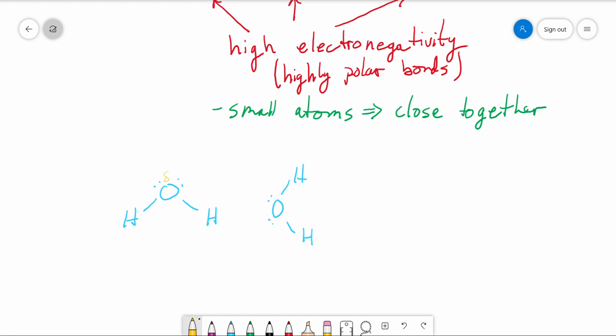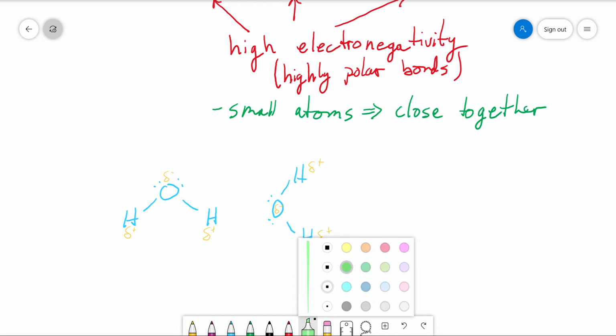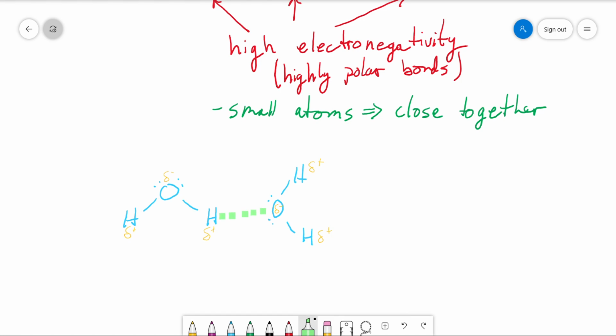Remember, oxygen is going to have a little bit of a negative, and these hydrogens are going to be a little bit positive. And what does that mean? That means there is a hydrogen bond between the two molecules. That is the H bond, or the hydrogen bond.